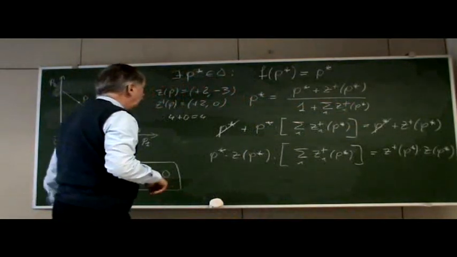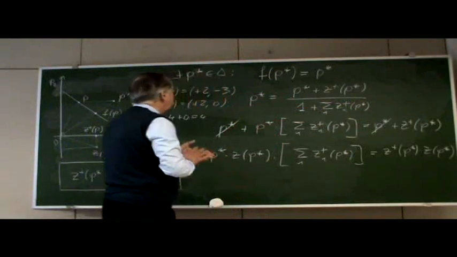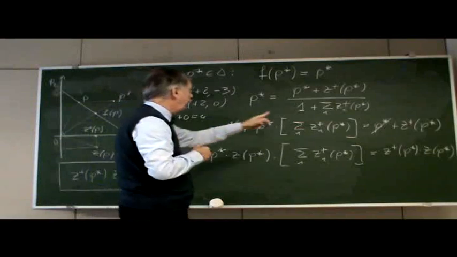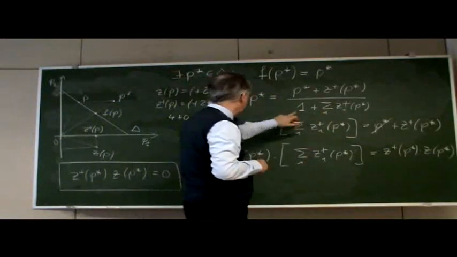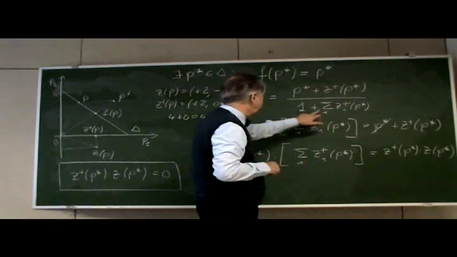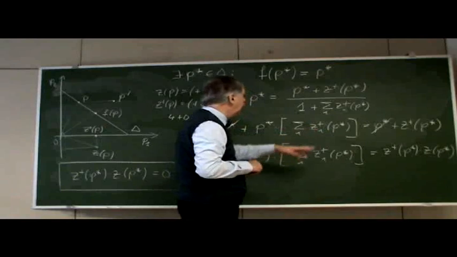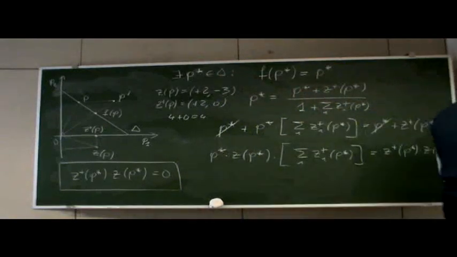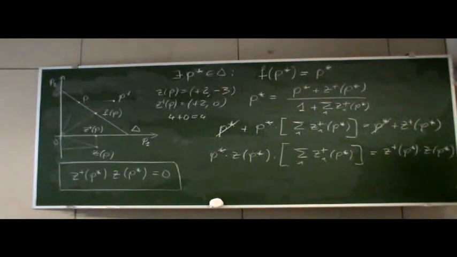At this point, multiply both sides of this equality by this denominator. You obtain P star times 1, plus P star times this scalar, and on the right-hand side you have the numerator, P star plus Z plus of P star.